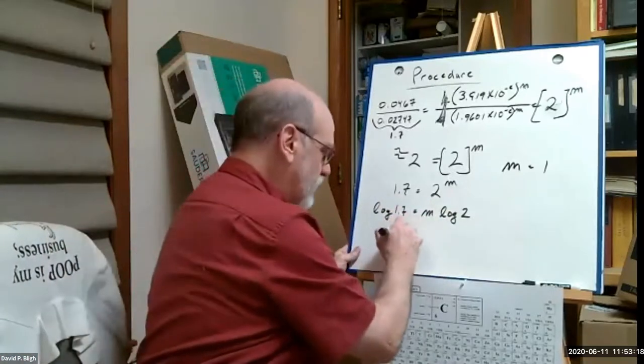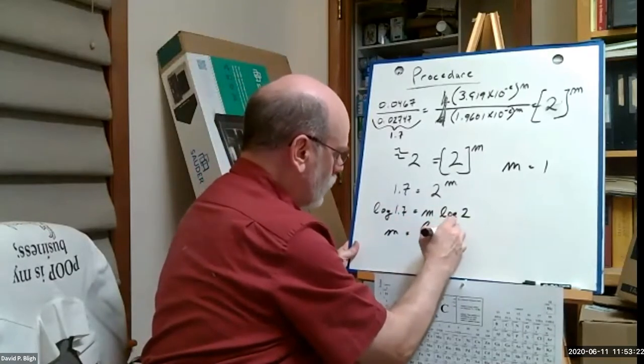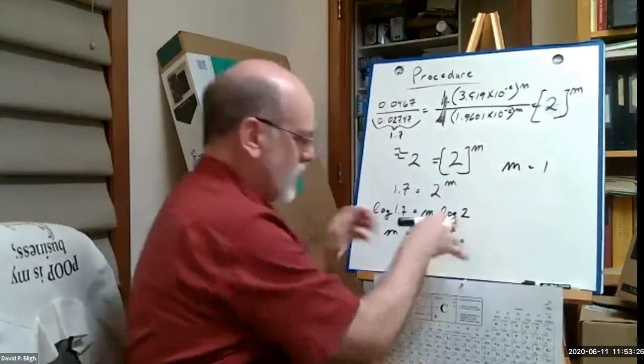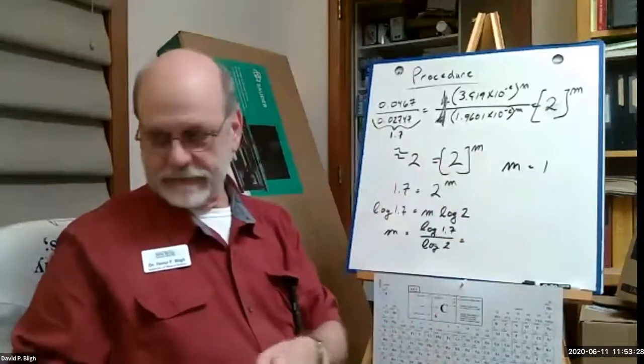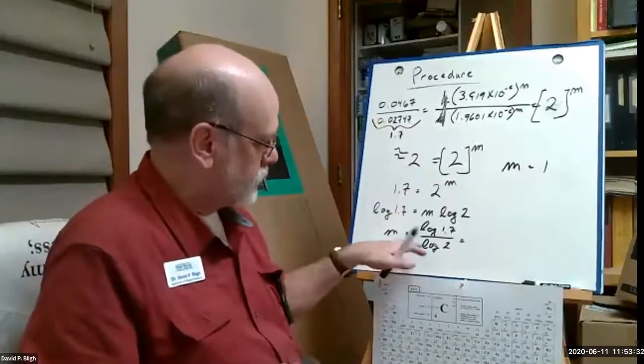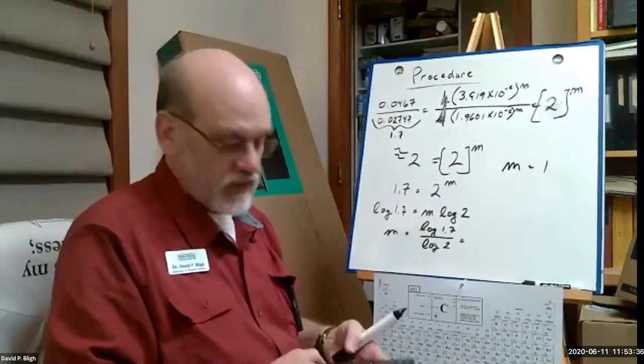Then you say m is equal to the log of 1.7 divided by the log of 2, and just resolve that. I'm sure there's a transformation that we could use to combine those logs before we do it, but it's simpler to just do the log of each one.